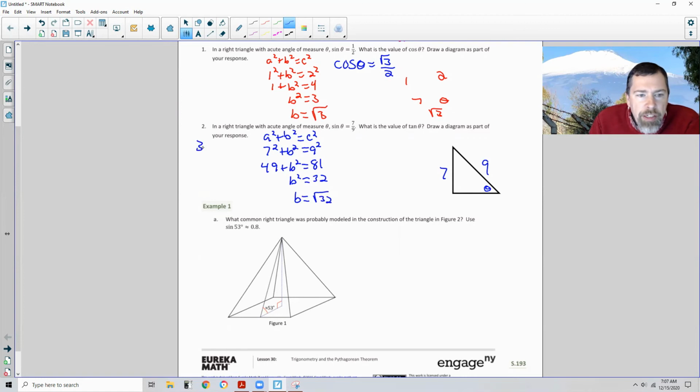Off to the side here, I want to see if I can simplify 32 with my factor tree. 32 is 2 times 16. 16 is 2 times 8. 8 is 2 times 4, and 4 is 2 times 2. And I look for pairs. There's one pair and another pair.